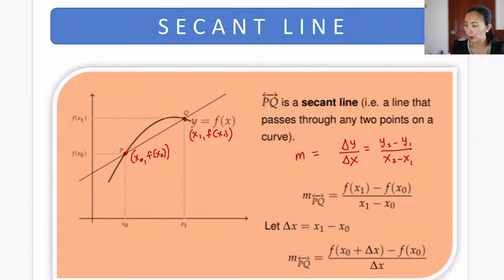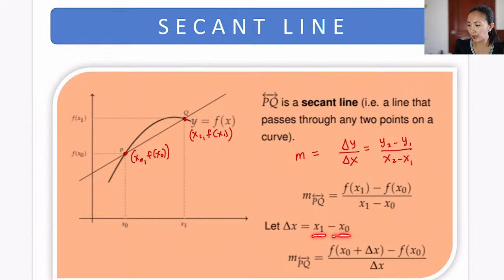We can express x sub 1 minus x naught as the change in x. Change in x is equal to our second x value, which is x sub 1, minus the first x value, which is x sub 0. So delta x is equal to x sub 1 minus x sub 0.